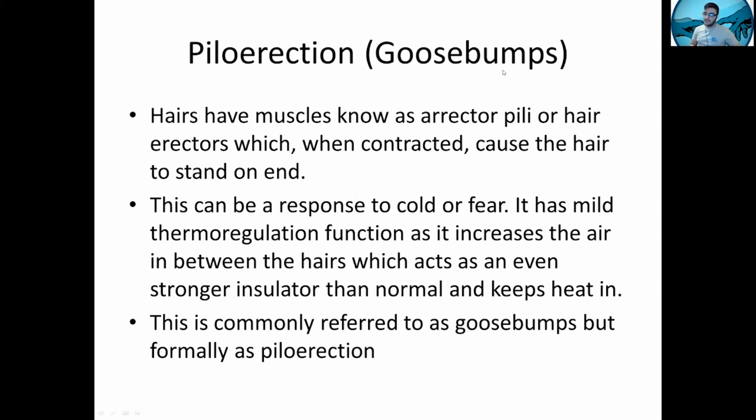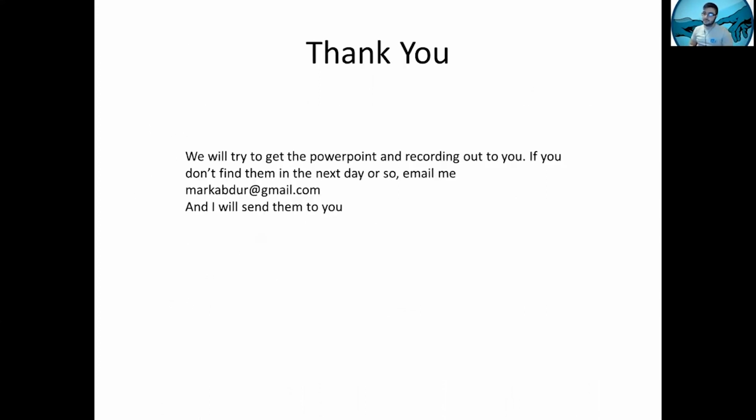Okay, and that's the main function that we know of for goosebumps or piloerection. Obviously, the erector pili muscles are also very important for the structure of hair, for keeping hair structured the way it is, with it being long. But this is another function that it has.